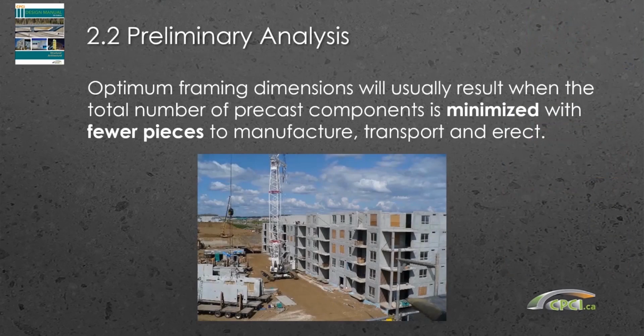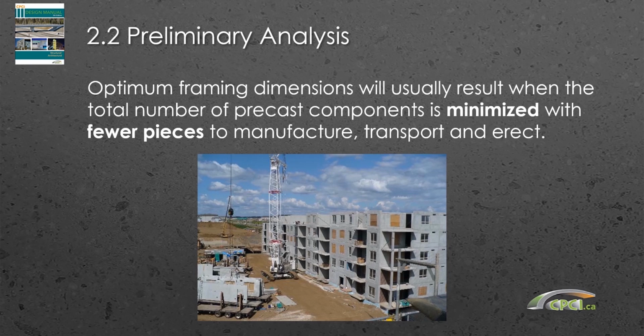So in Chapter 2, there's a section on preliminary analysis. Now, Chapter 7 has some design tables to help people look at different member sizes, spans, and types of members to be used in structures, but there are some general guidelines given in Chapter 2.